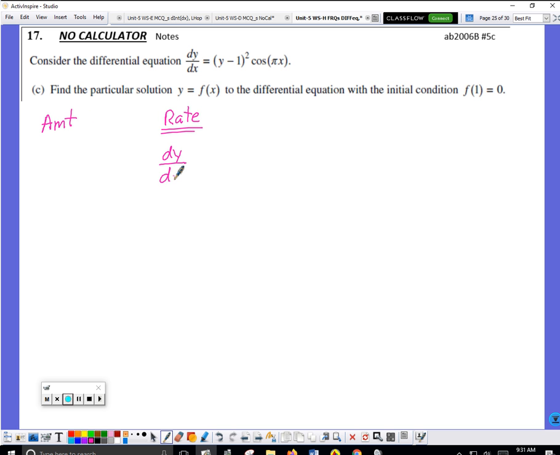So they're giving you an equation for calculating the rate, and they're asking you to find an equation which can be used to calculate amounts. That's why over here it says we're looking for y equals something. I don't really know what that is yet. Or perhaps I'm looking for f of x equals something. Okay, that's the big picture.